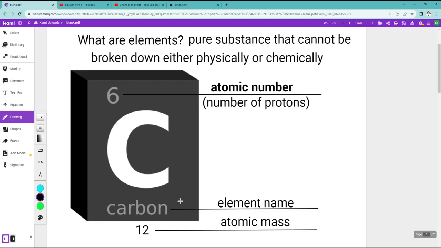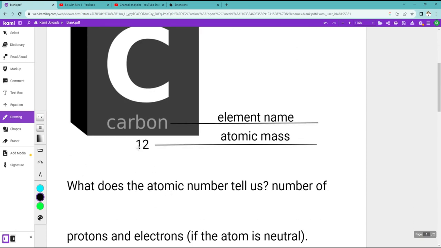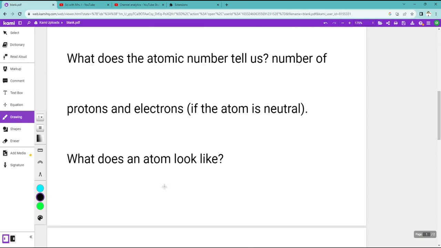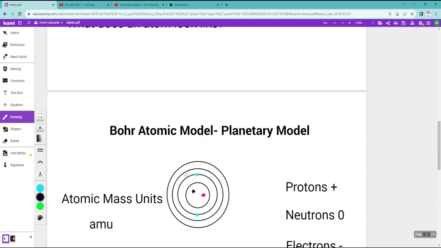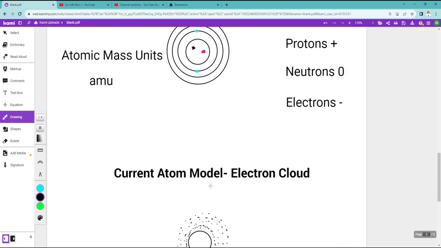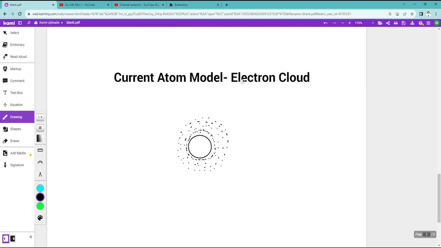We also looked at the atomic mass, and we also looked at what the atom looks like. Again, the Bohr atomic model is easier to use when we're teaching about the atom, but the current atom model, what we know the atom looks like today, is known as the electron cloud model.